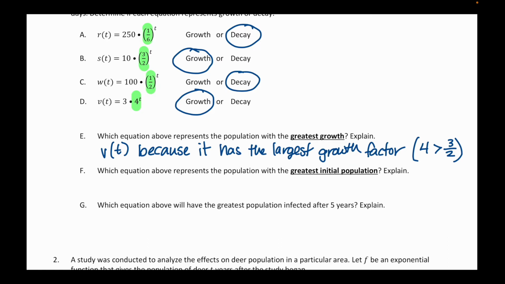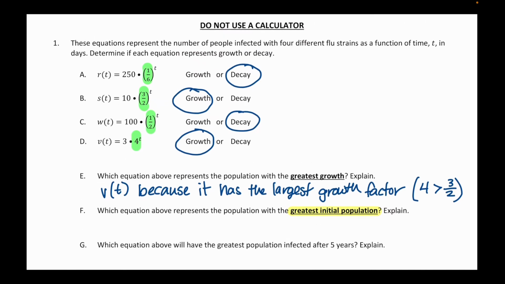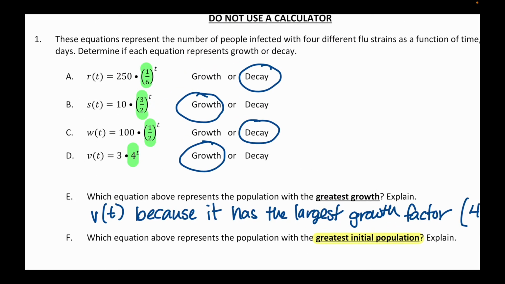For part F, we're asking which equation above represents the population with the greatest initial population, and explain. For the greatest initial population, we're actually going to look at the initial value, which is not the number that has the variable on it, but it is the other numbers here. So the 250, the 10, the 100, and the 3. The biggest out of these is 250.